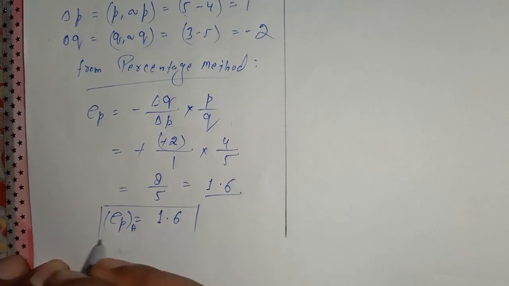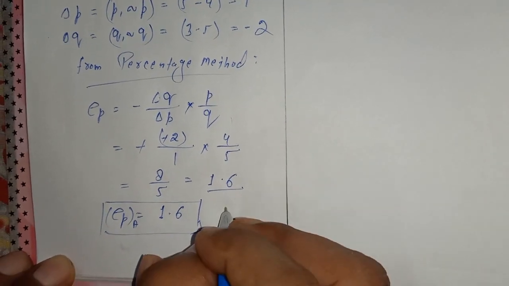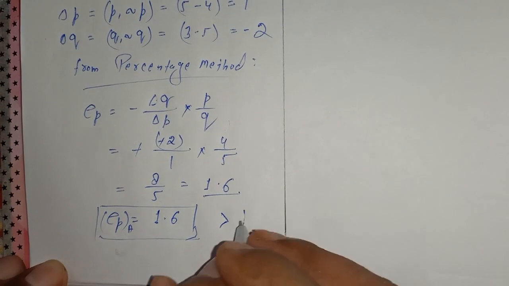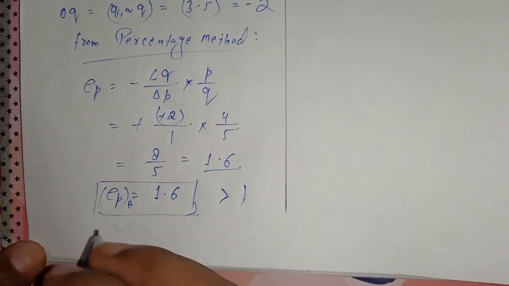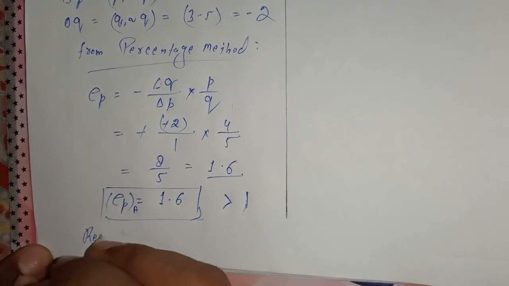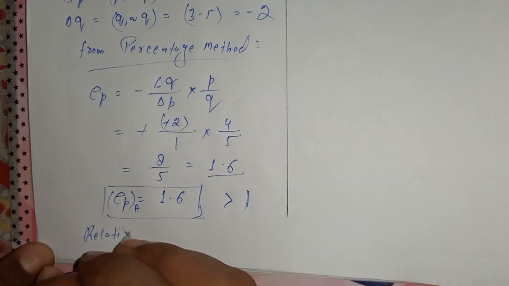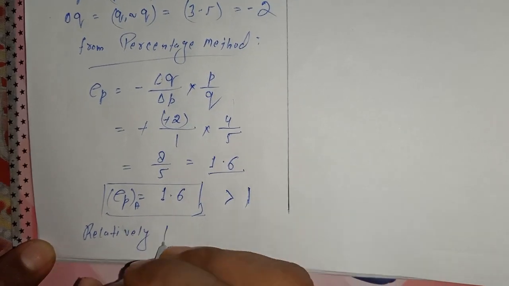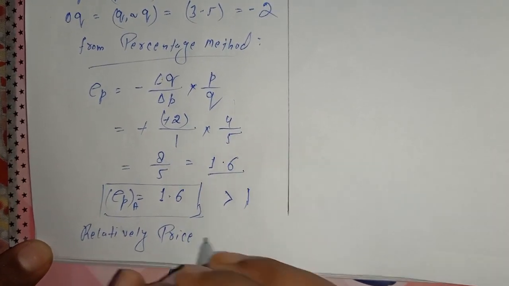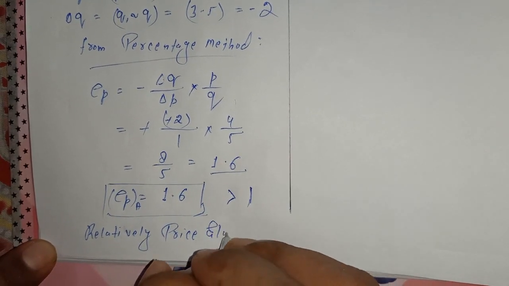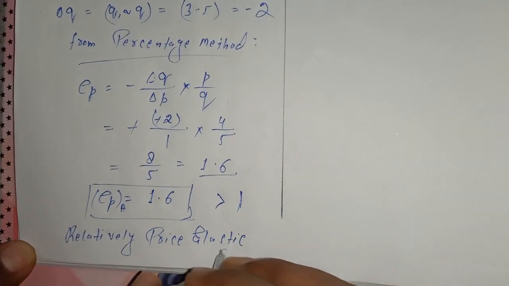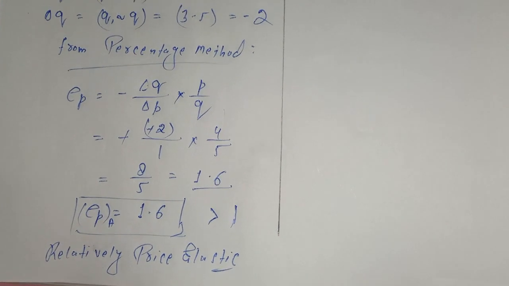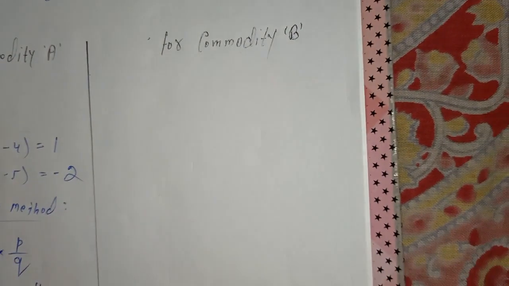This value is greater than 1, it means it is relatively price elastic demand. Clear?